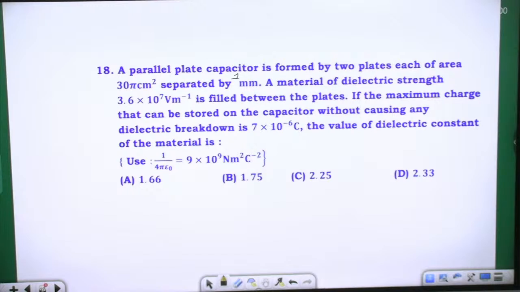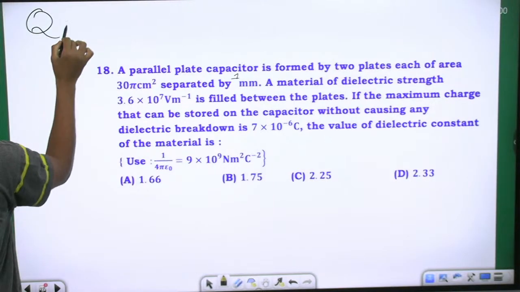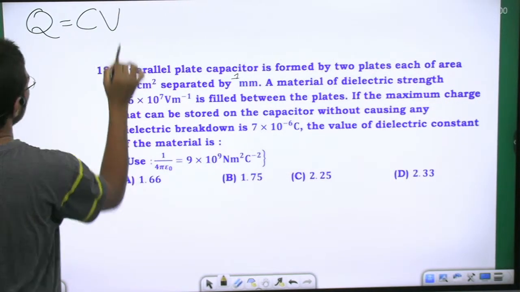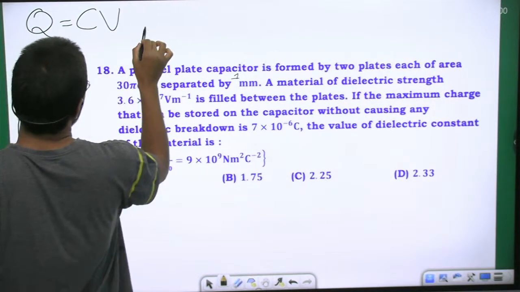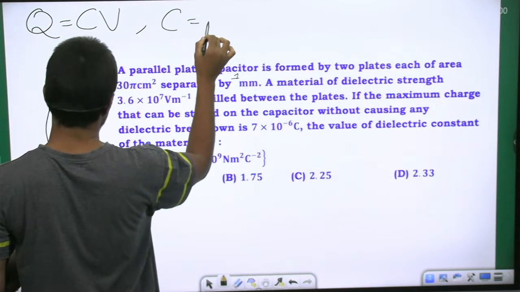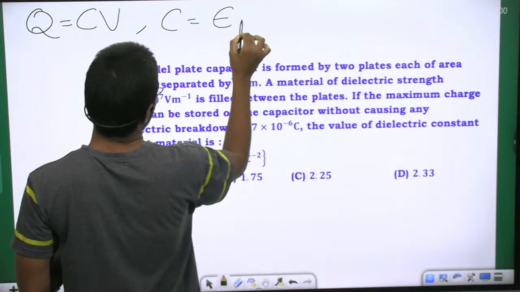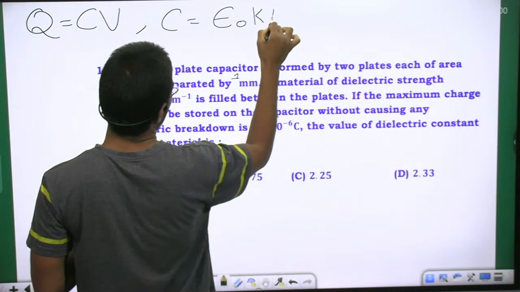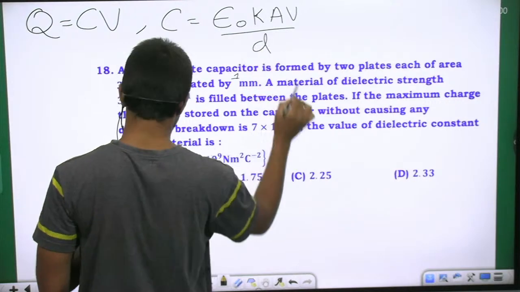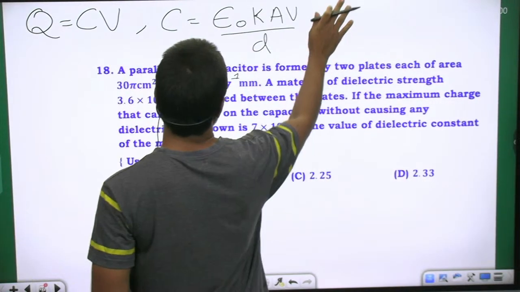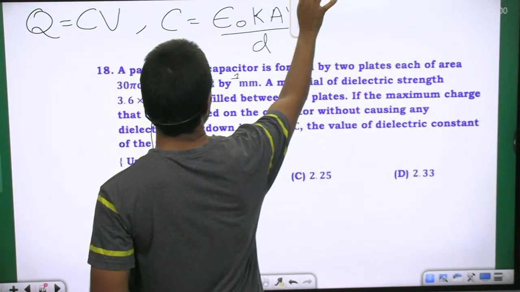This is again a basic fundamental question. What do we know? We know that Q is equal to CV, from basic fundamentals. We know that C is equal to epsilon naught K A by D, the formula for capacitance.